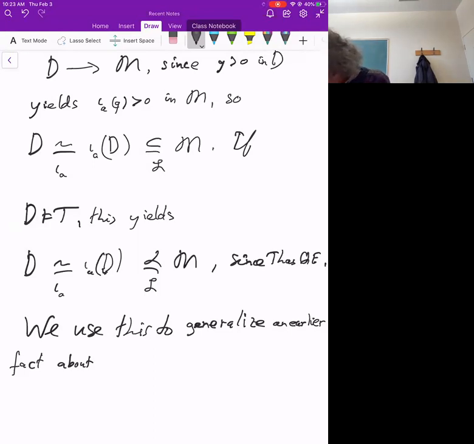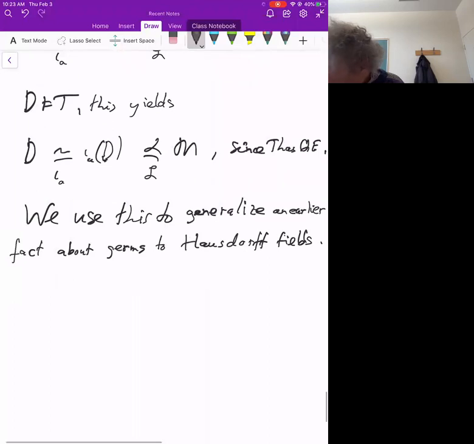So, generalize about adjoining germs to Hausdorff fields. Four to one.